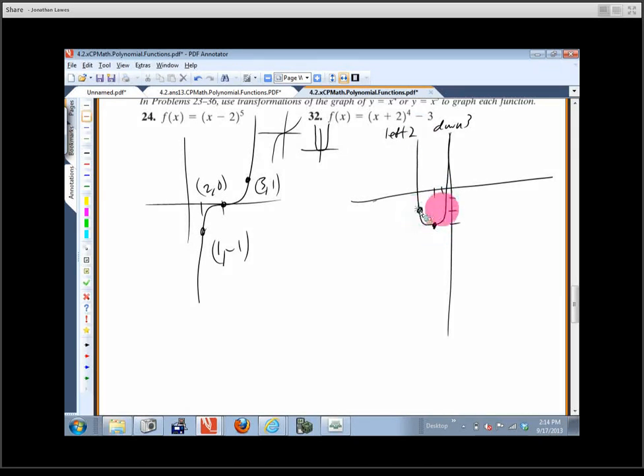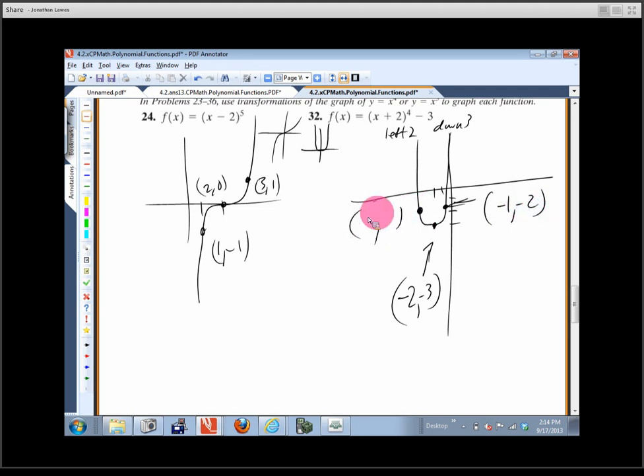And if I labeled 3 easy points, easiest one to label? We can call it a vertex. Say -2, -3. Okay? And what about this one right here? Good. And this one right here?